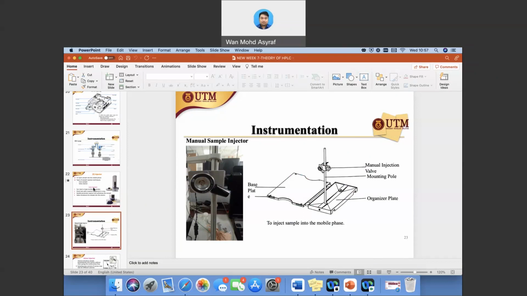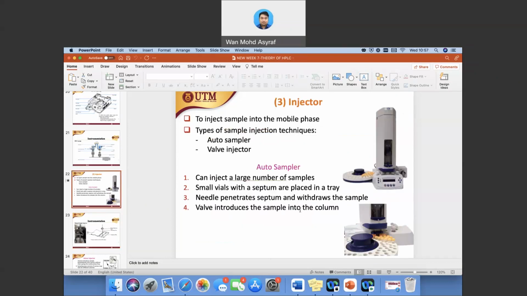The sample is mixed with your mobile phase and transported into the column. An auto sampler can usually inject a large number of samples. You just put your samples in and go do your thing for the day, and the results will be produced automatically.